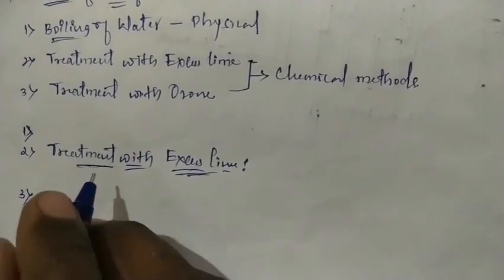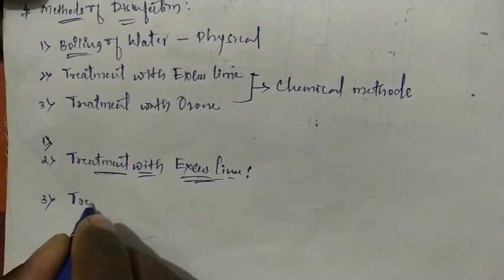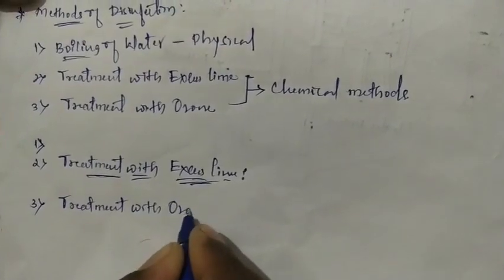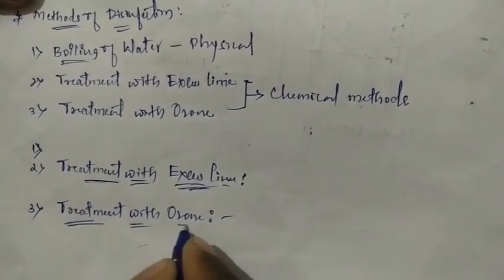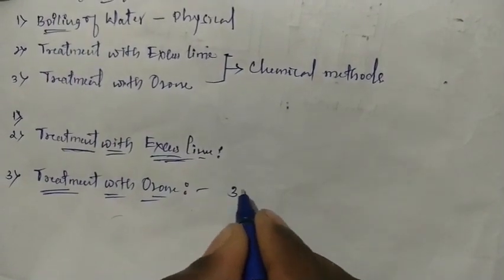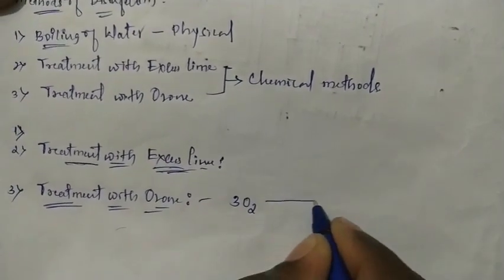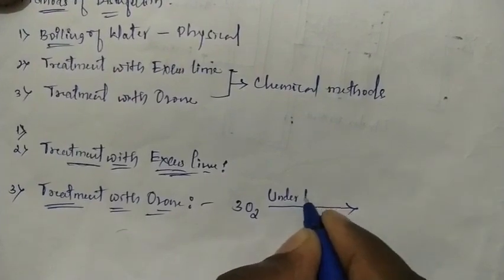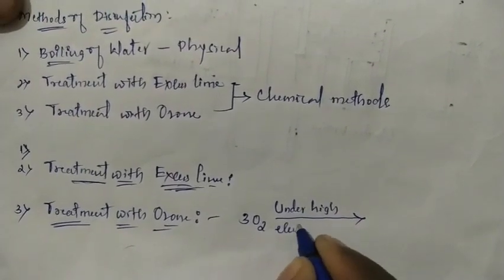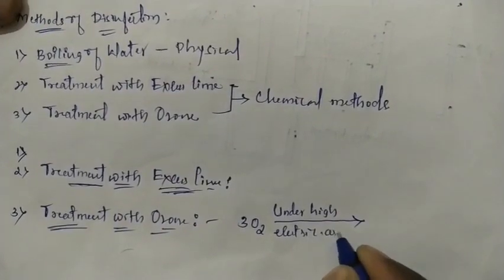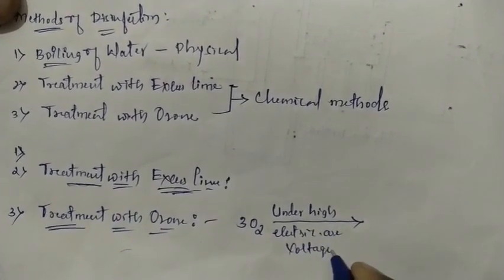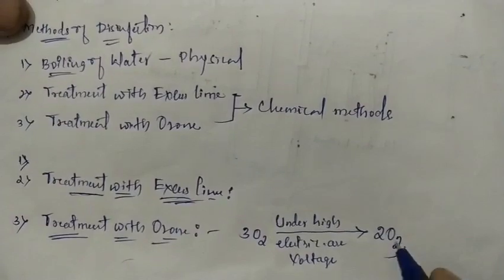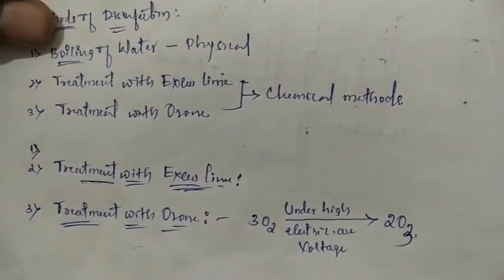The next one is the treatment with ozone. As we know, by this equation, 3O2 dissociates under a high electric arc voltage, and nascent oxygen forms ozone, 2O3.